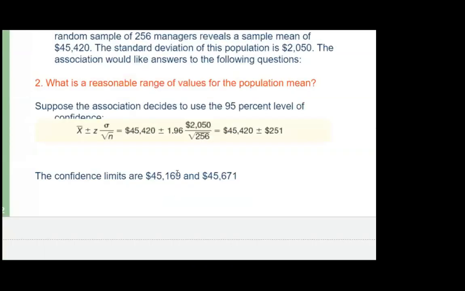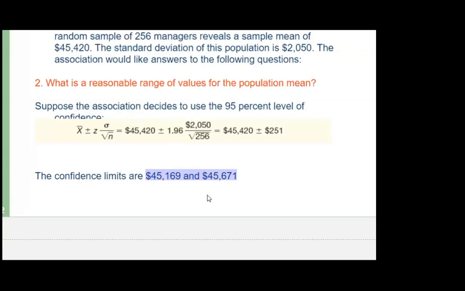So this range, in fact, includes 95% of salaries of these managers, right? So we know that 95% of our managers earn salary in this range.